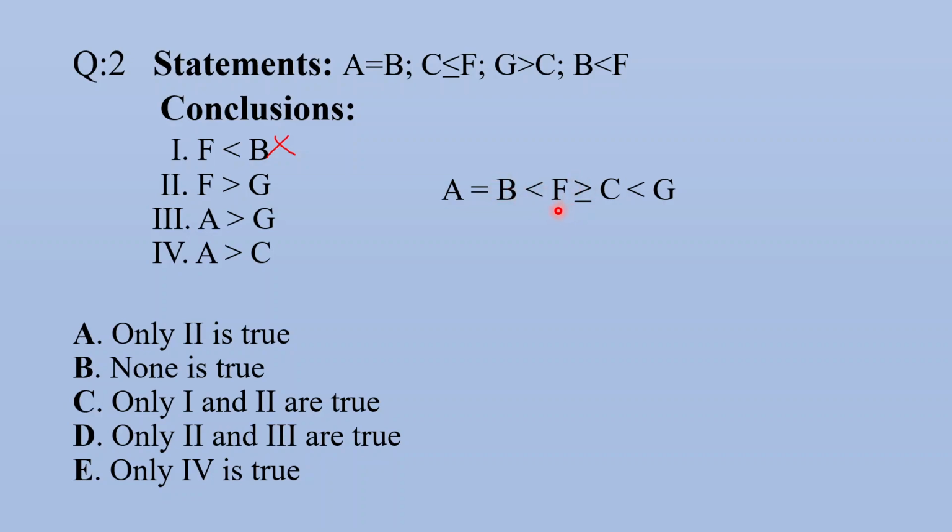In this case, I've told you earlier that no relation can be set up between F and G. So our conclusion 2 is also wrong.